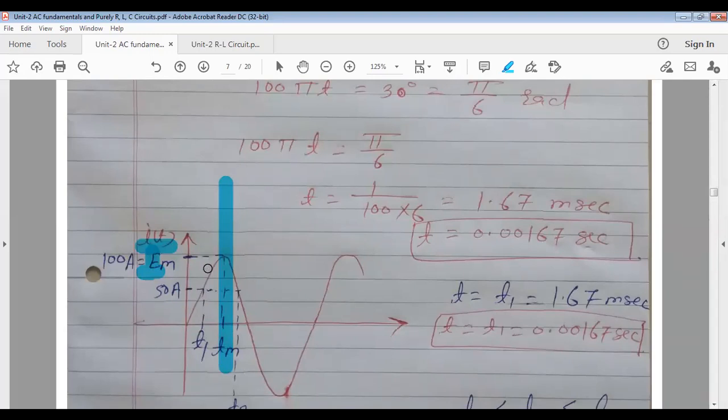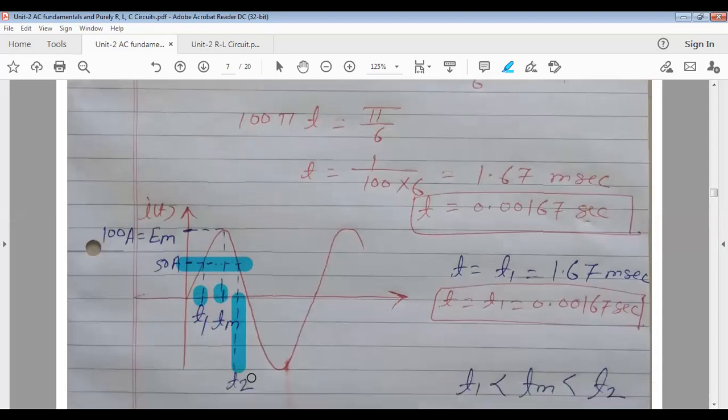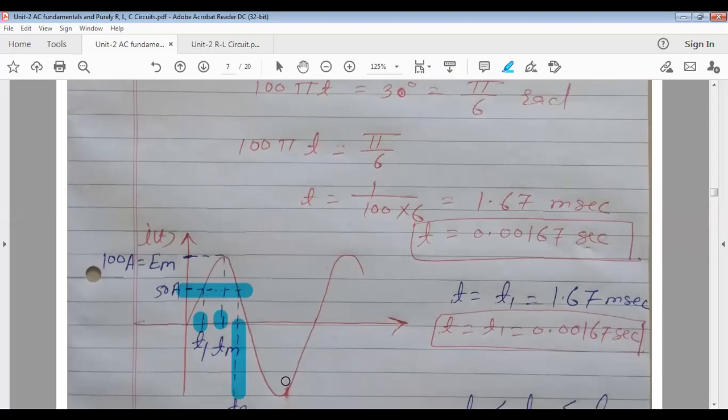Suppose I have plotted one vertical line through Tm. Will the positive half cycle be symmetric about that Tm line? Yes, it is symmetric, isn't it? This means the 50 ampere occurs at T1, and consider this other time as T2, with the dotted line at Tm in between.